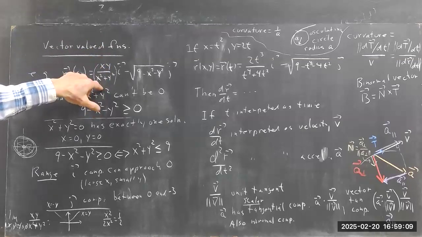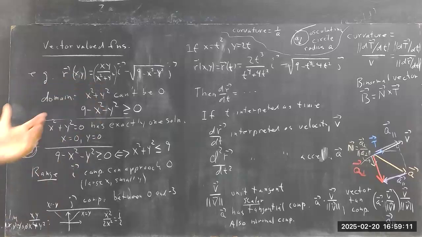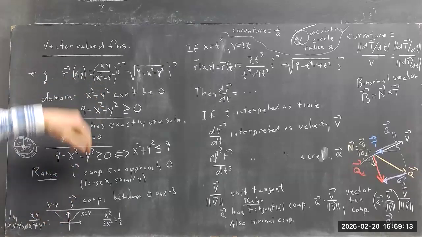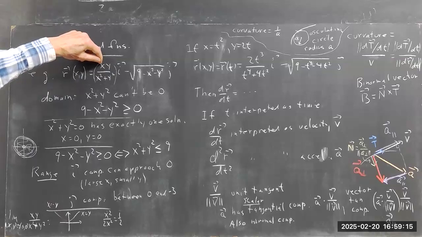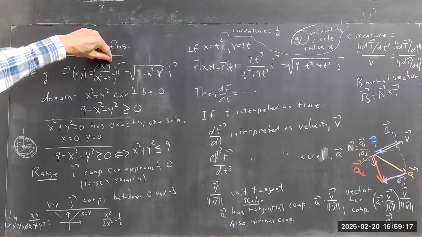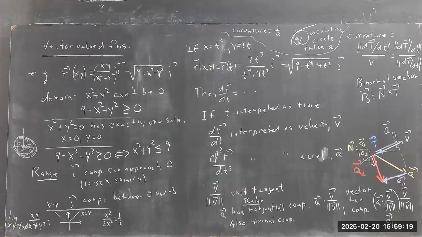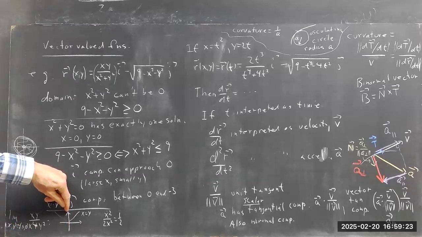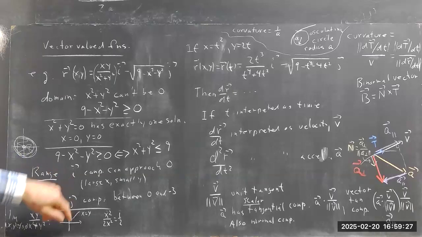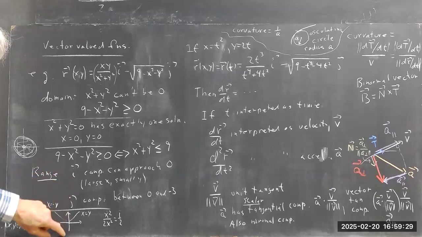So you can certainly approach 0, and you can approach it through positive or negative numbers. Because if x is 0, then y could approach 0 through positive or negative numbers, meaning that you'd be approaching the origin along, well, either from the positive y-axis, approaching 0, or approaching 0 from the negative y-axis.